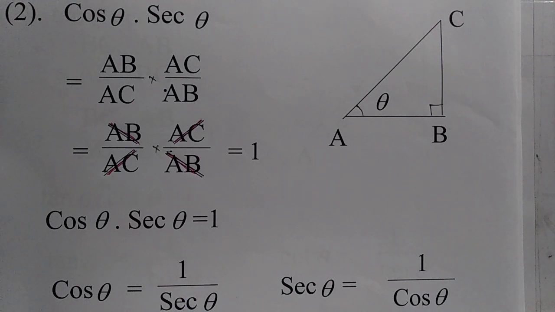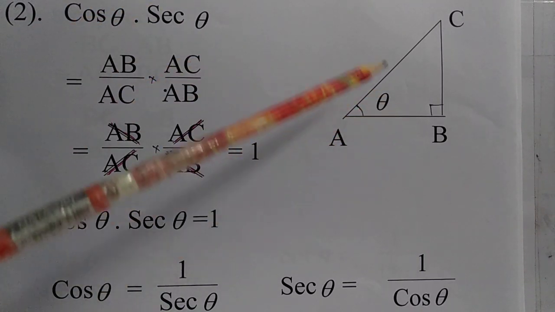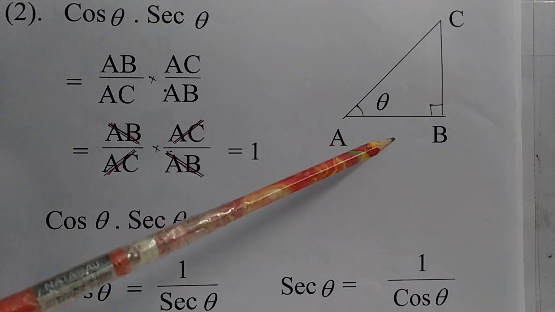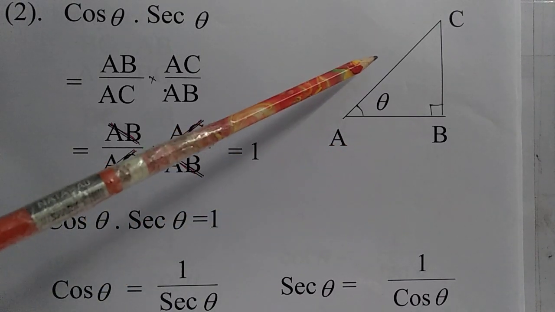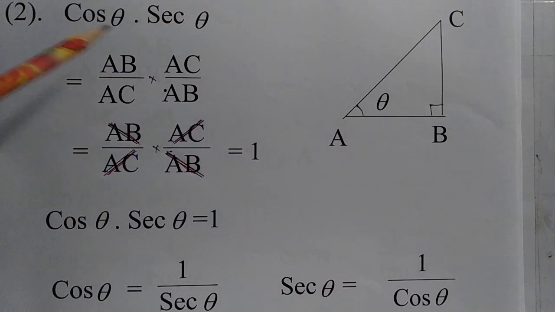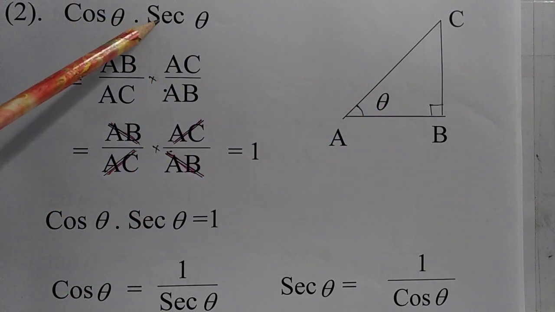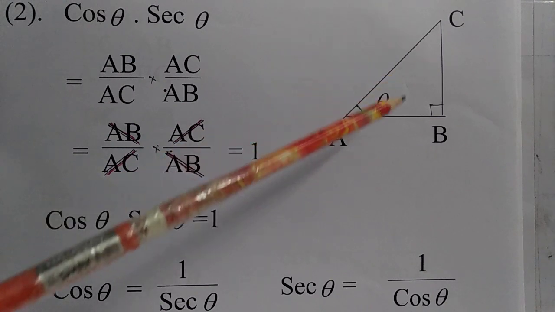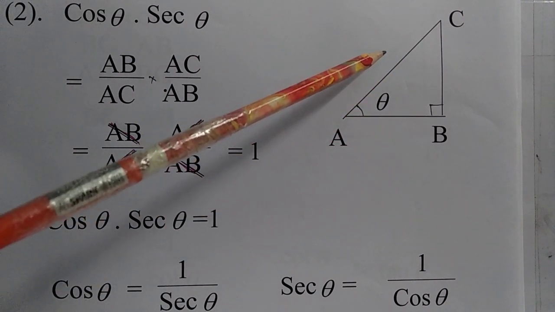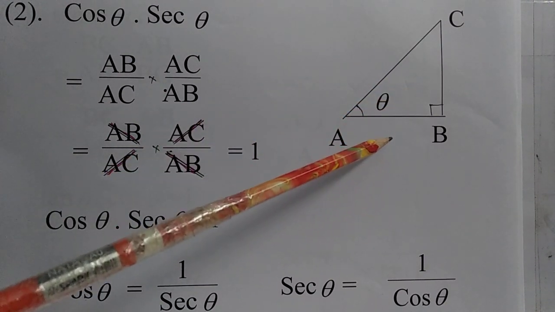Second relation, cos theta into secant theta. Cos theta is defined as adjacent side to theta by hypotenuse. Here adjacent side to theta is AB, hypotenuse is AC. So cos theta equal to AB by AC. And secant theta is defined as hypotenuse by adjacent side to theta. Here hypotenuse is AC and adjacent side is AB.